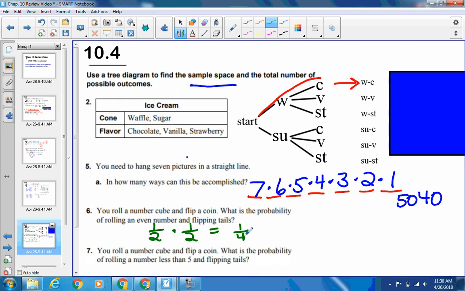Our first event, rolling a number less than 5, that would be 4 out of 6. I'm going to simplify that to 2/3 and multiply that by the probability of flipping tails, which is 1/2. When I simplify that, I end up with an answer of 1/3, or 1 out of every 3 times we should have that happen.